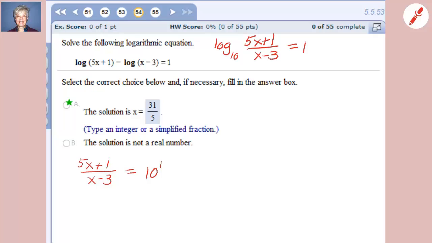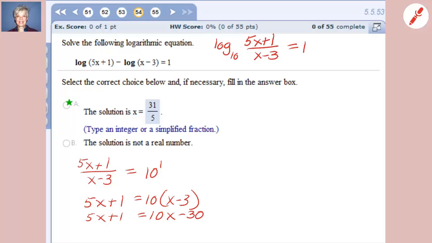So, multiplied through by x minus 3, I'll get 5x plus 1 equals 10 times x minus 3. So 5x plus 1 equals 10x minus 30.